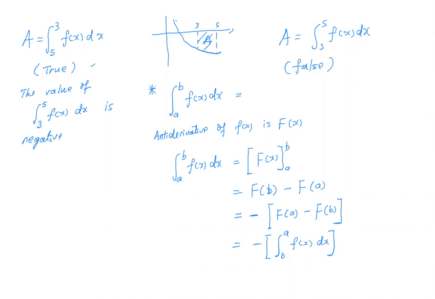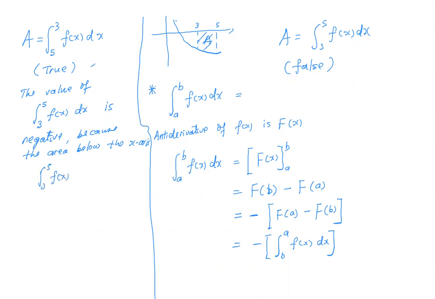Why is it negative? Because the area is below the x-axis. So now, I know this is a negative value, less than 0, correct?